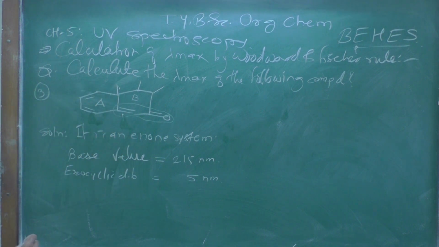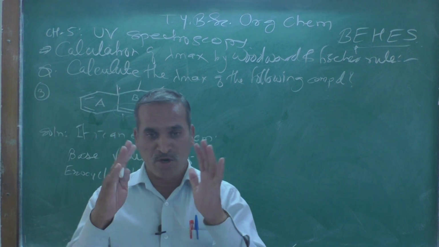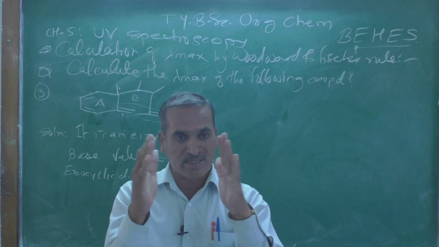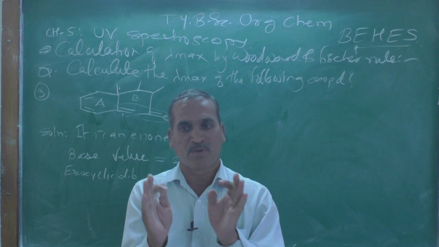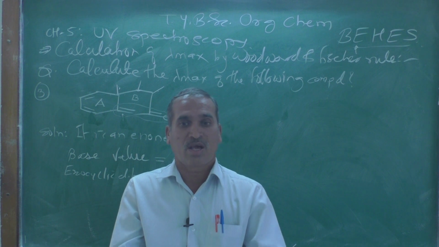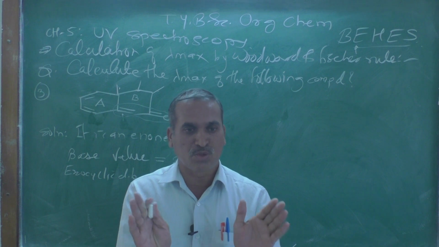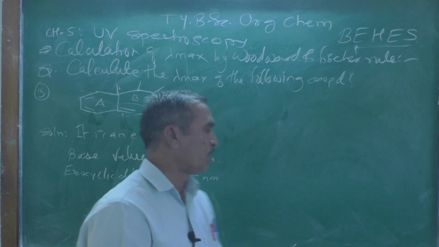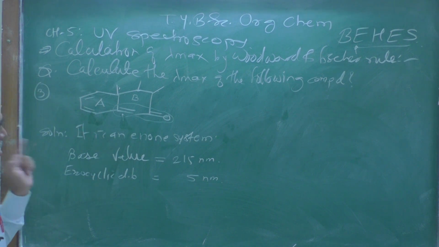Now next, A stands for homoannular system. We already know the concept of homoannular: if both carbon-carbon double bonds are present in the same ring and are conjugated to each other, that system is known as a homoannular system. If you observe ring A carefully, what do you observe?